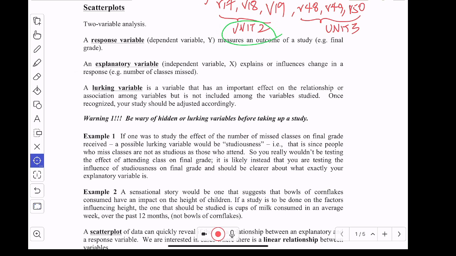The explanatory variable, or the independent variable, which is another name for it, gets the label X on a two-dimensional axis. We would name that X on the horizontal, and then on the vertical we have the response variable plotted. Because it depends on the explanatory variable, it's called the dependent variable, and we use the letter Y, which is a standard for the vertical axis.